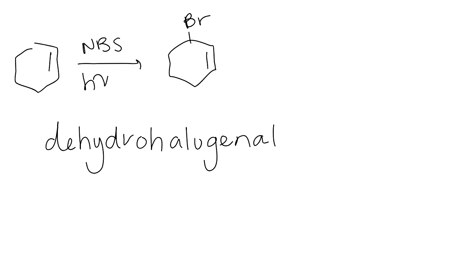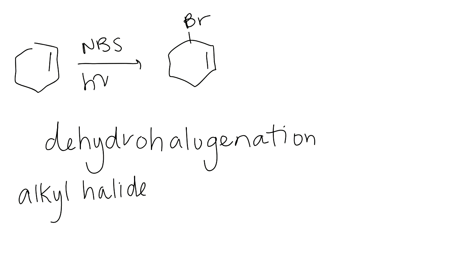And we looked at that in chapter 8, where we have an alkyl halide and we can add a strong base, something like NaOH or KOH, and here we'll make an alkene. So in this case, we already have one alkene.